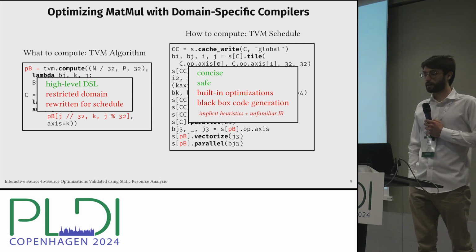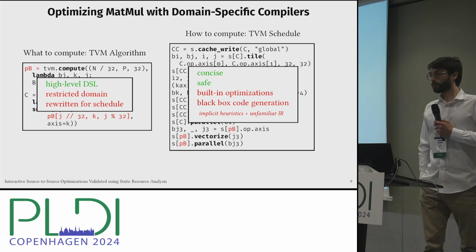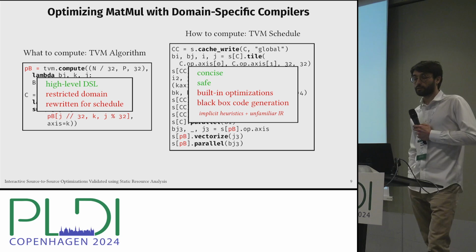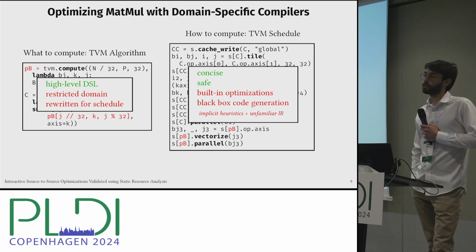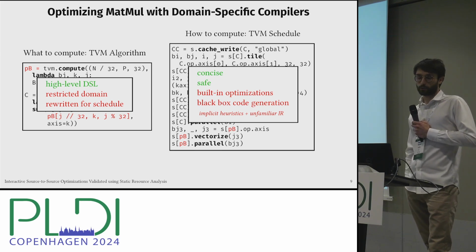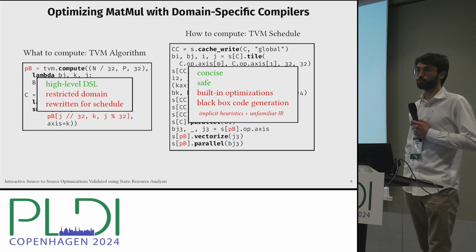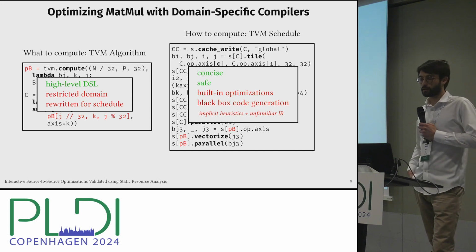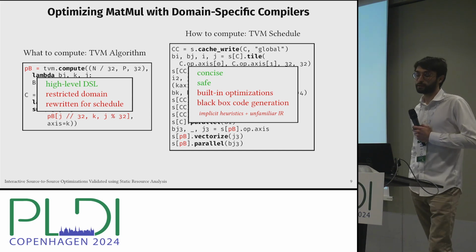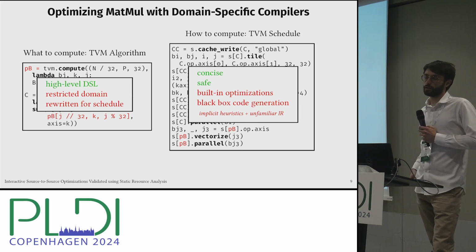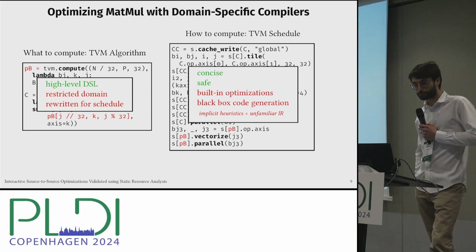But the problem is that the domain of application of this language is restricted by design, and in particular for this matrix multiplication optimization, the algorithm had to be rewritten in order to apply optimizations, even though the promise of the separation between algorithm and schedule is that you shouldn't change your algorithm when you optimize it. But here we had to rewrite it anyway.